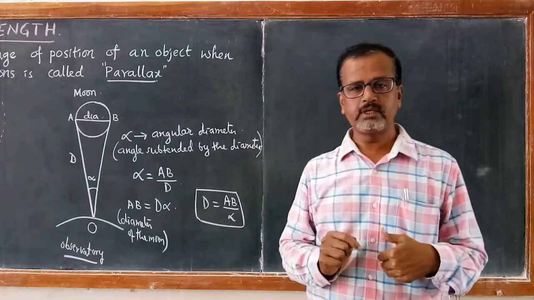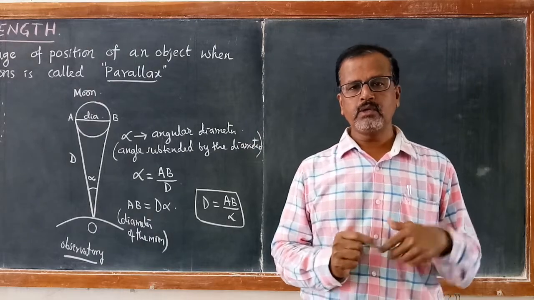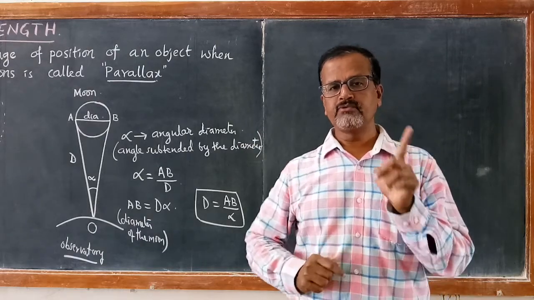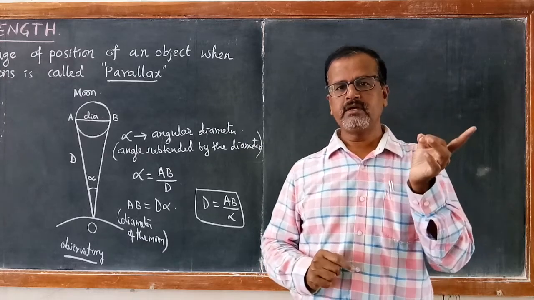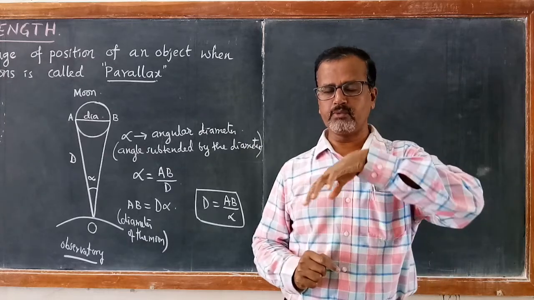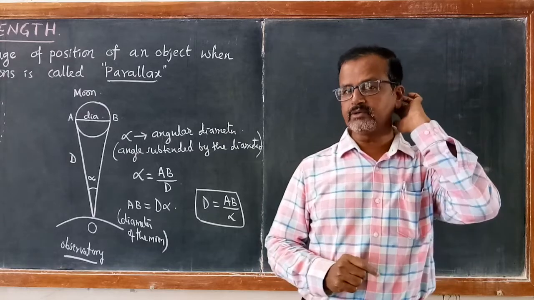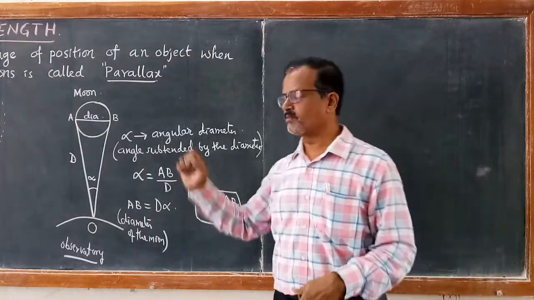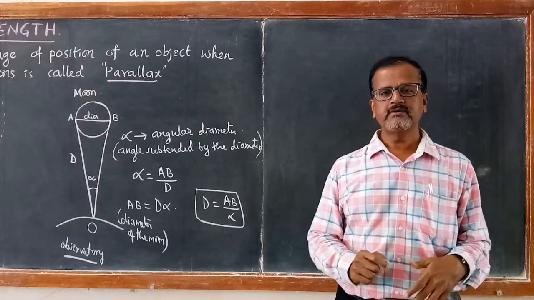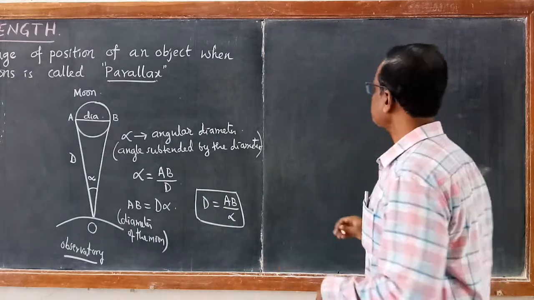That we should know. Yesterday we have understood 1 radian is equal to 57.27 degrees. Conversion of radian into degrees. Now we will see conversion of degree into radian. If we understand that, then solution of numerical problems based on that will become easier. Let us see.